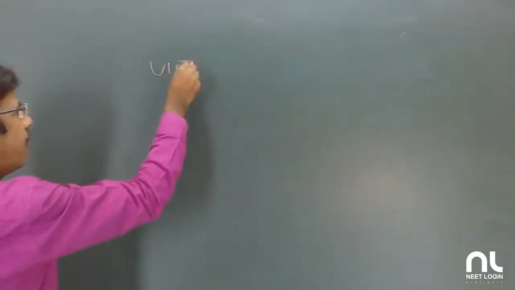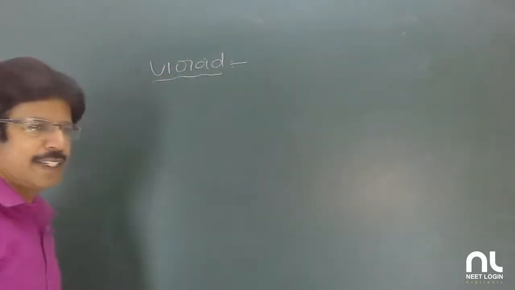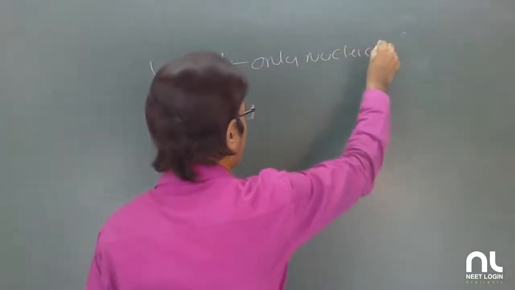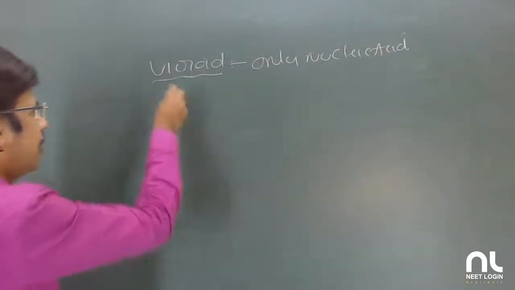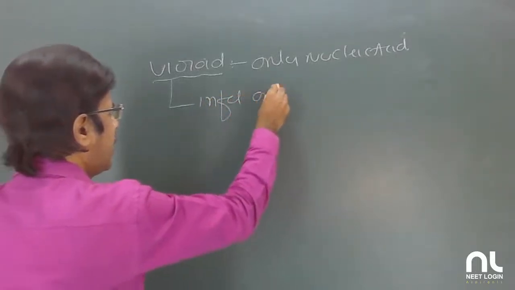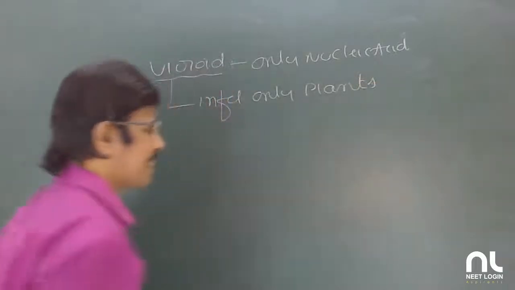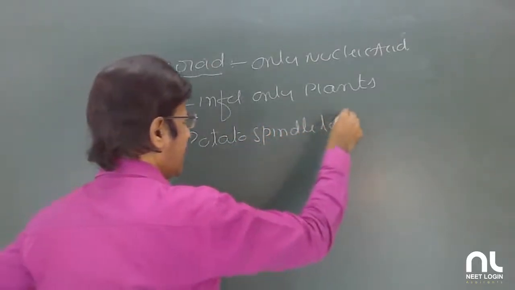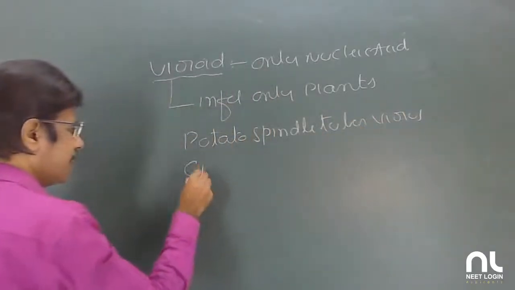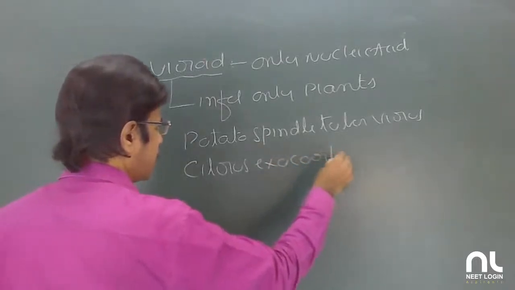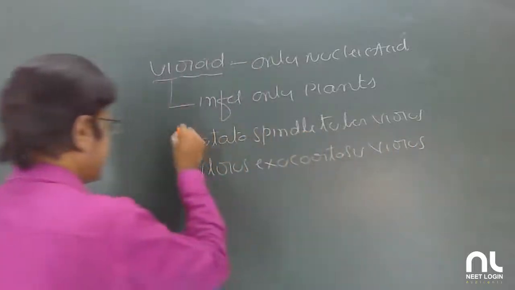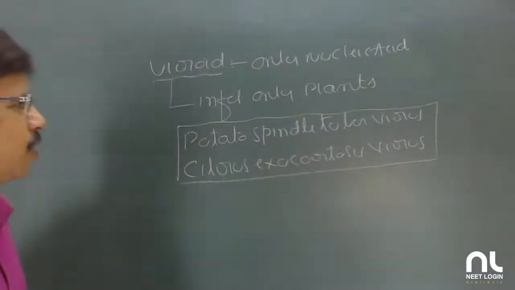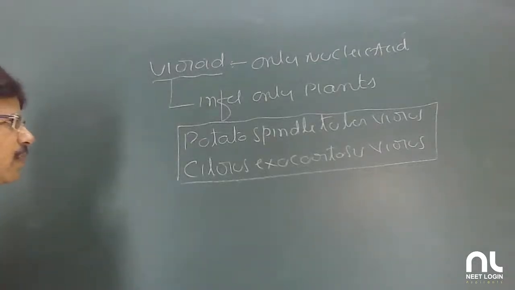And viroid. It has less molecular weight than viruses, having only nucleic acid. Viroids infect only plants. Potato spindle tuber virus, citrus exocortis virus, which are viroids, infect only plants.